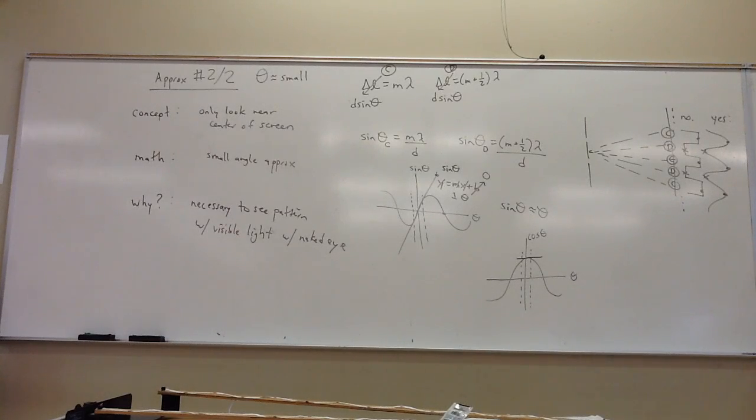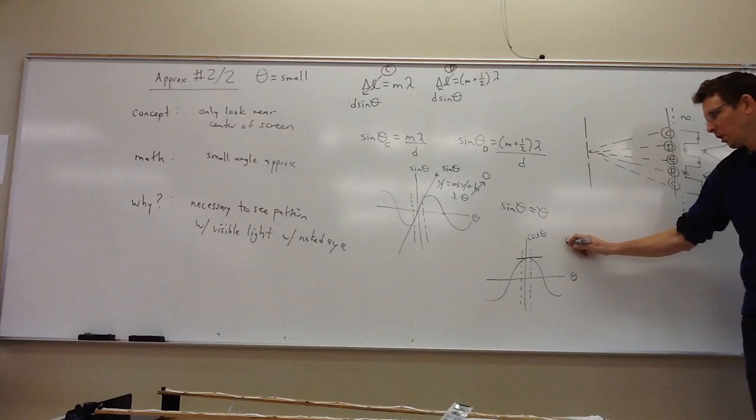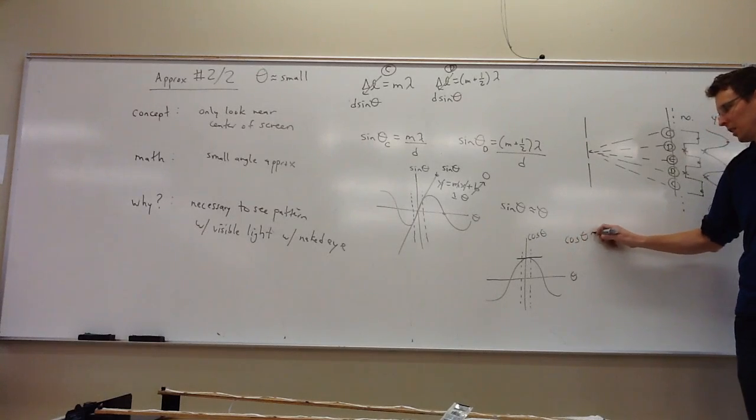It's a flat line, so how much slope does it have? What's the slope of a flat line? 0. What's this y-intercept? What does cosine peak at? 1. So small angles, cosine of theta is approximately equal to 1.